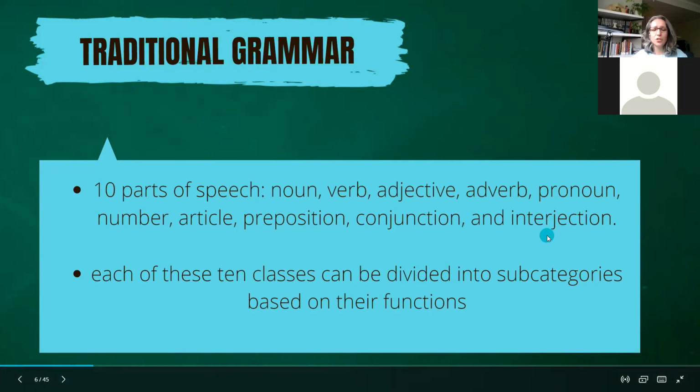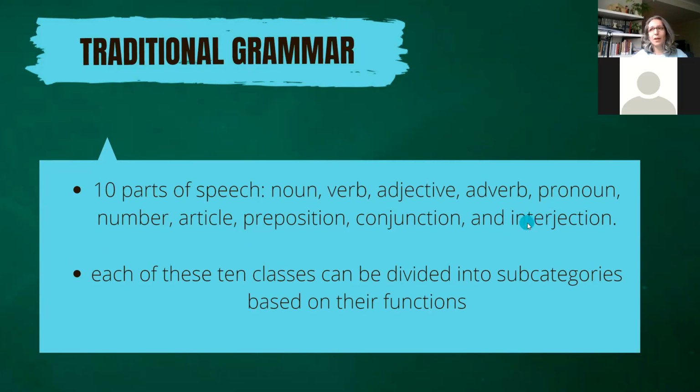We won't look at interjection just because there's not enough time, and I don't want to stretch this any longer than 7 sessions. And then each of them, and we've done this before, is further divided into subcategories. So we have done that with nouns, with verbs, with adjectives. So we've categorized them in different other subcategories as well. So as you can see, I'm a subscriber to more traditional grammar, and my approach to these sessions, at least.